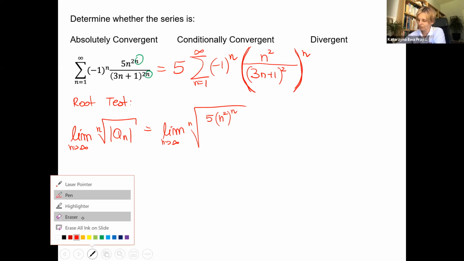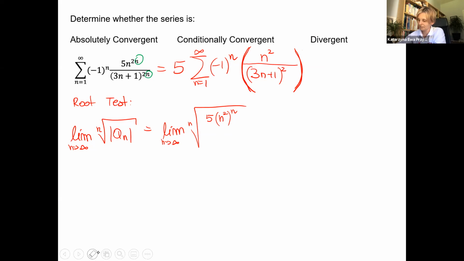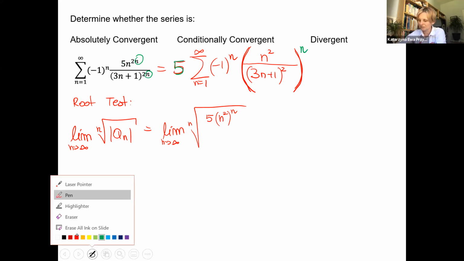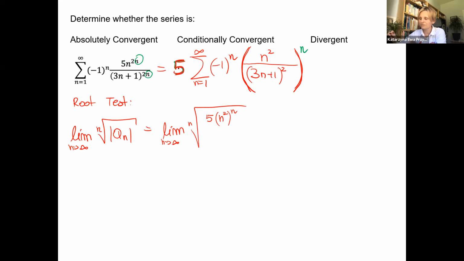Now I think it will be a little bit nicer form. That's the green n. I left n squared, I left 3n plus 1 squared, and 5, we can see 5 is not taken to the power of n, but 5 is constant. I can put the constant outside. It will be just 5 times the sum, if the sum exists, but we don't know yet.